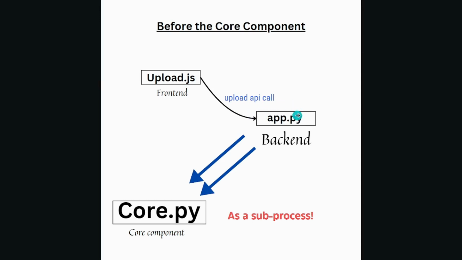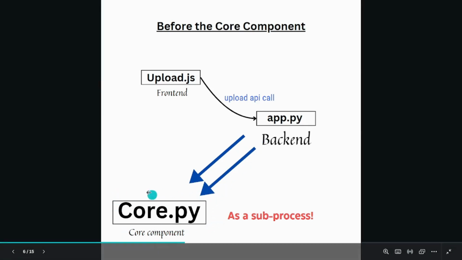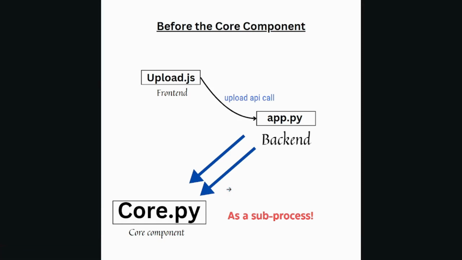This API call is responsible for sharing process information with the backend, and the backend finally creates a sub process known as core.py, which I have included as the core component in my file. It does the actual processing needed to convert that file into .csv format, and handles the OCR techniques.